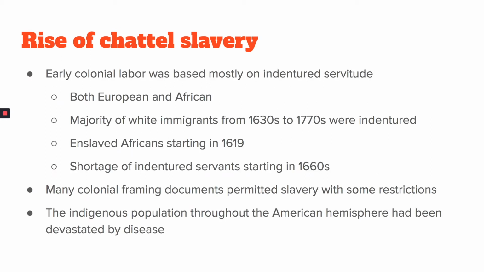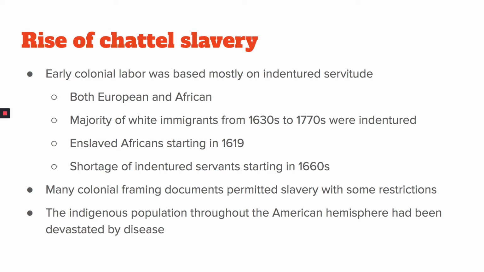Now, there are other important things to cover when it comes to describing the creation of America's political system and political culture. And one of the main factors that we need to consider is the rise of chattel slavery. And I say chattel slavery because that refers to the trade of enslaved people as property and that status being hereditary.